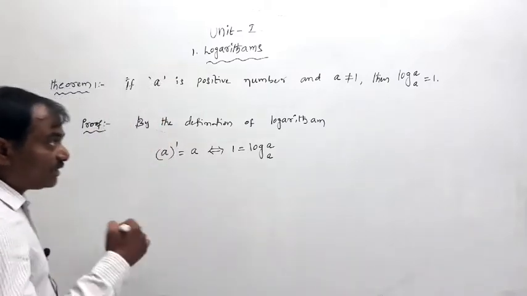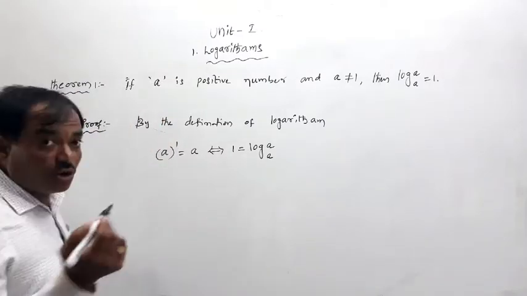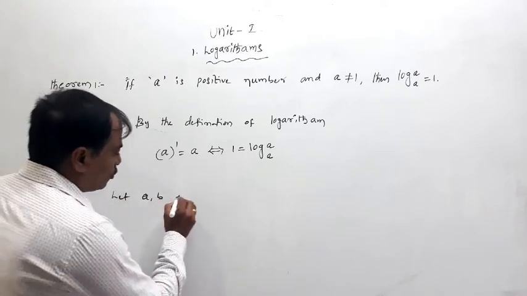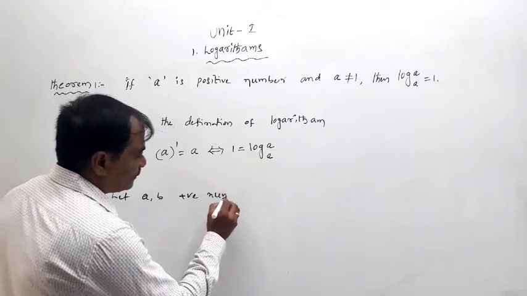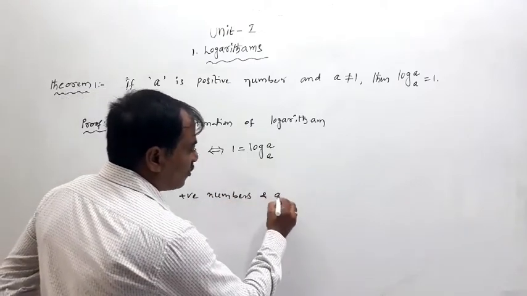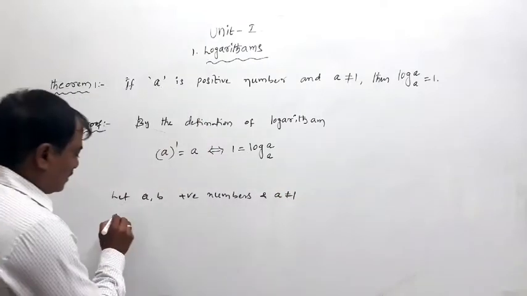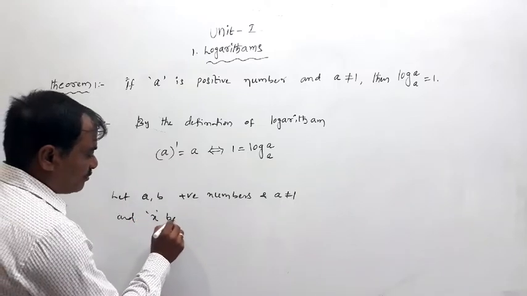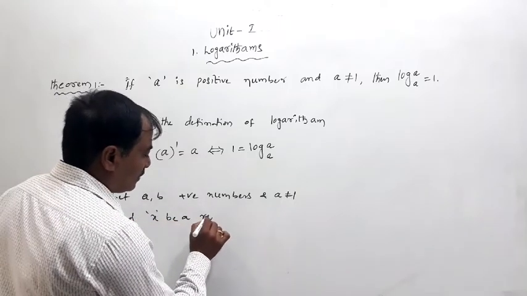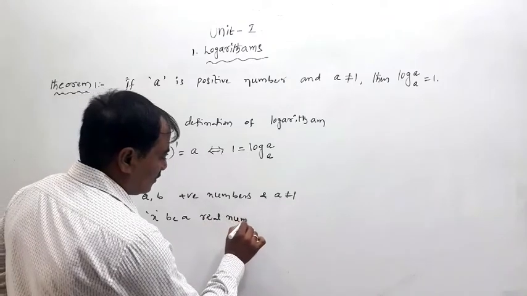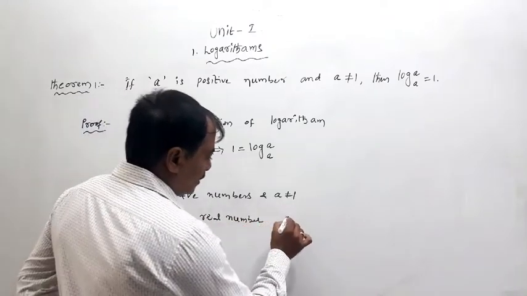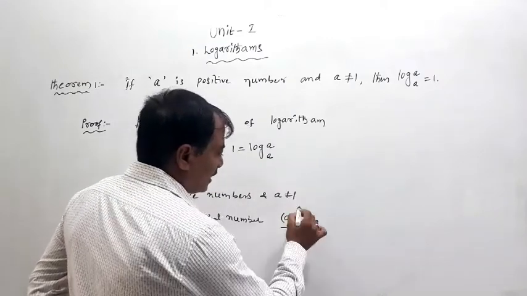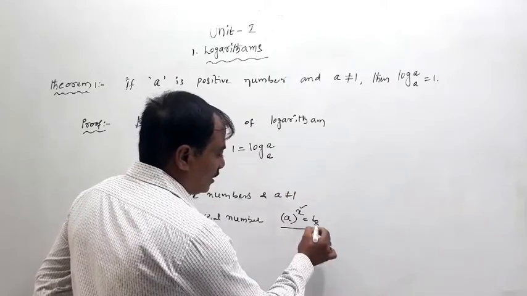First we recall the definition of the logarithm. Let a, b both be positive numbers and a not equal to 1, and let x be one more real number such that a to the power of x equals b. Then x is called the logarithm of b to the base a.